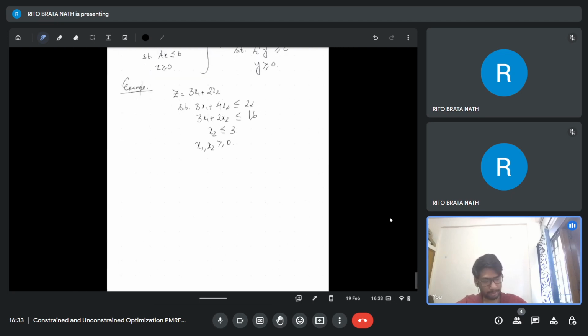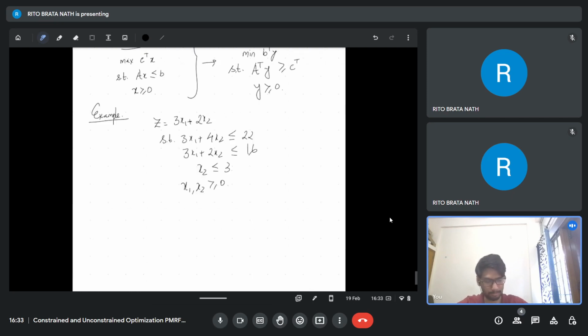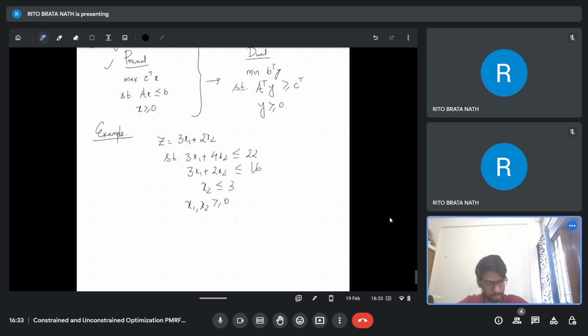So let's convert it. This is in that form only, the primal form, max of z. So now the corresponding dual will be min of B transpose Y. Corresponding to these constraints, let the dual variables be Y1, Y2, Y3.